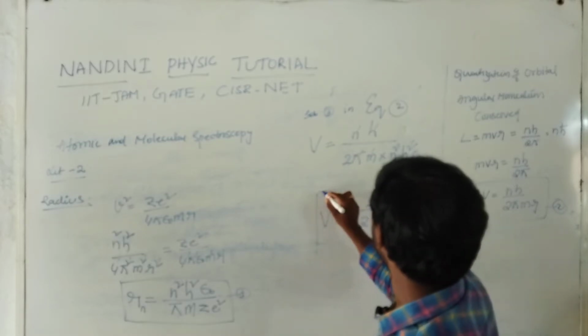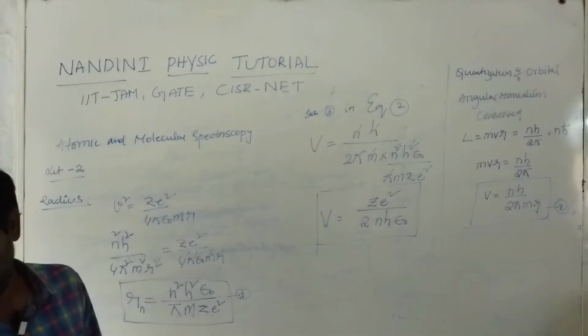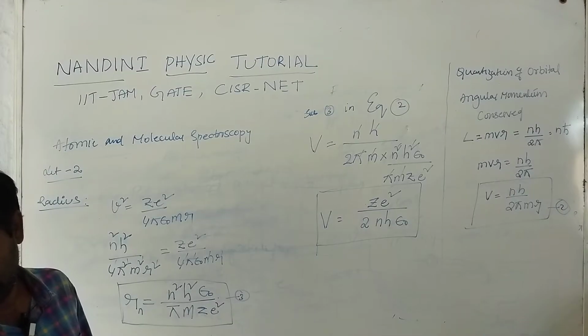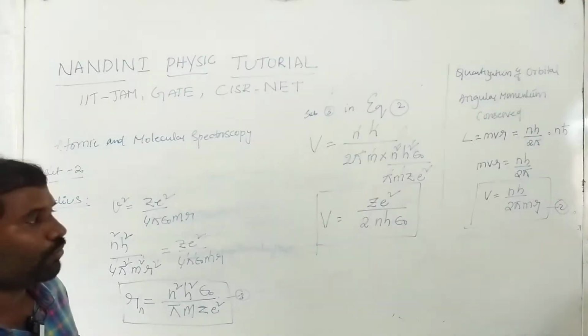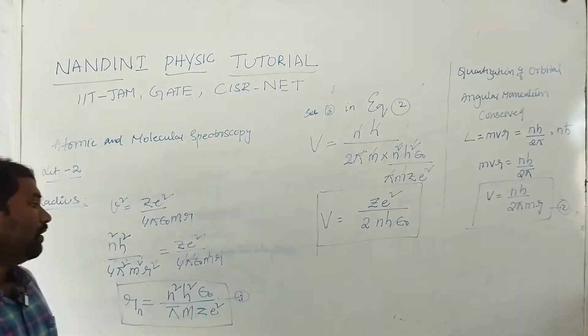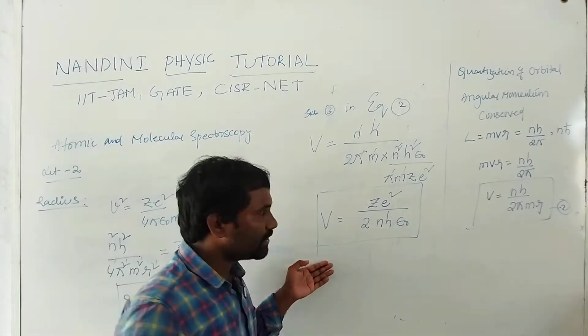So that velocity is z e square by 2 n h epsilon naught. This is the velocity and this is the radius. Next I will explain the energy of the atom.